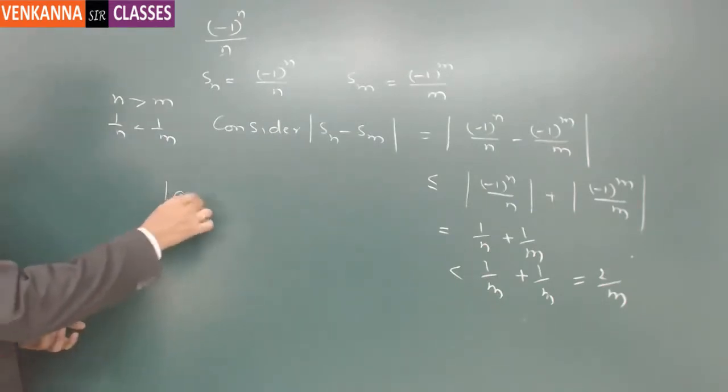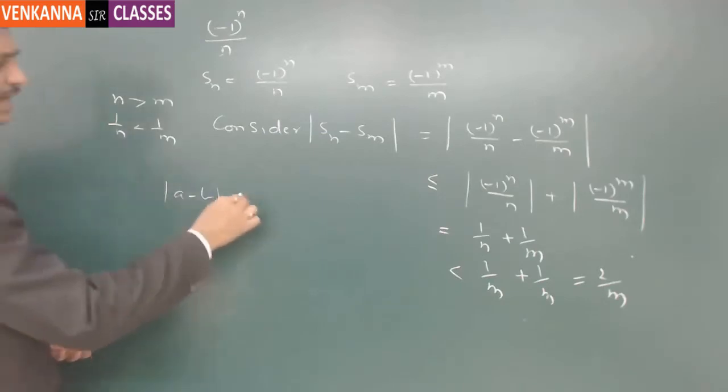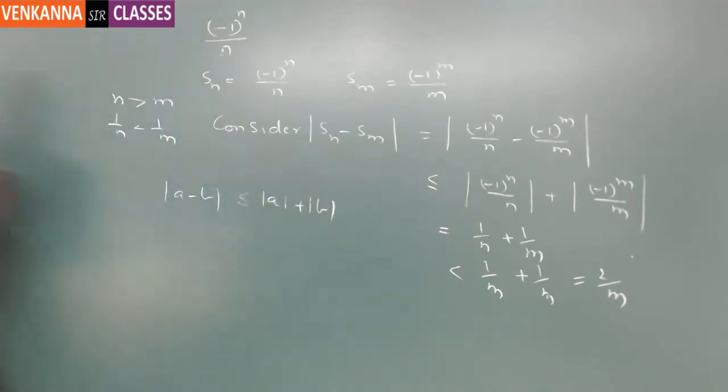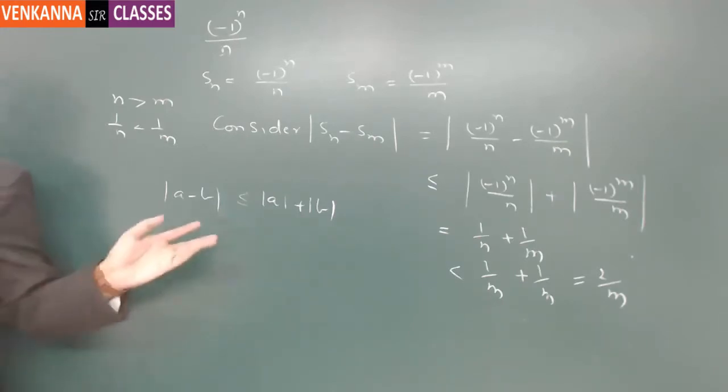You can take modulus of a minus b less than or equal to mod a plus mod b. Can we do like that? It is just a value, right? The same thing I have applied there.